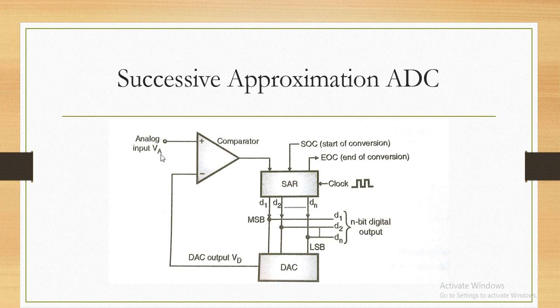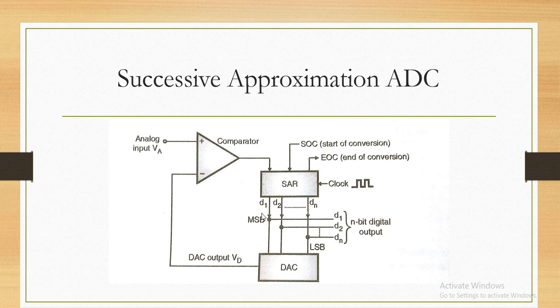When the analog input quantity is applied here for the conversion, and as soon as your processor or controller sends the startup conversion signal to the SAR, it starts the conversion, and the first thing it does is set the MSB bit as 1.